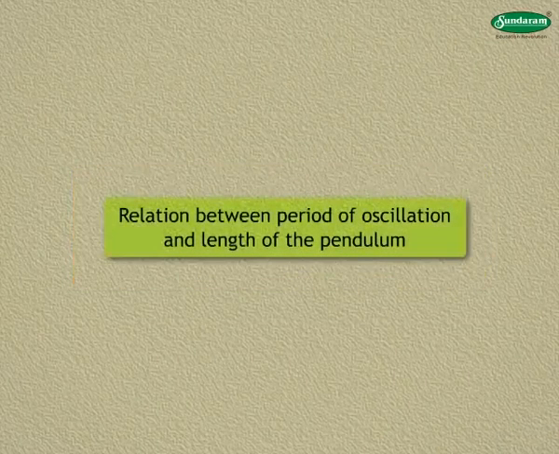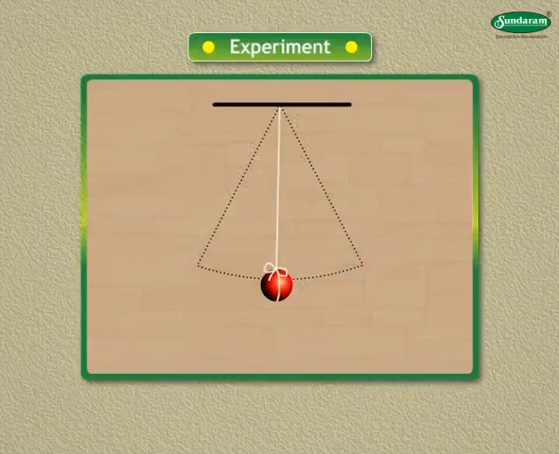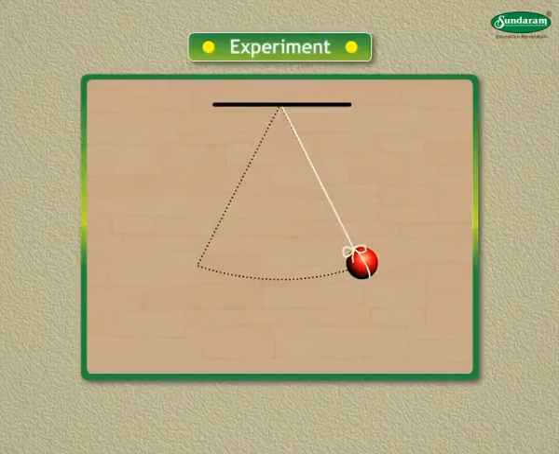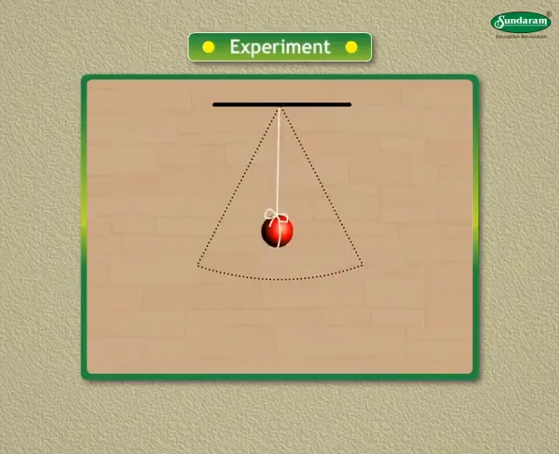Let us try to find the relation between the period of oscillation and the length of the pendulum. Measure the length of the string used in the previous experiment in meters. Pull the pendulum aside and allow it to swing. Use a stopwatch to measure the time taken for 20 oscillations. Now, reduce the length of the pendulum by 10 centimeters.